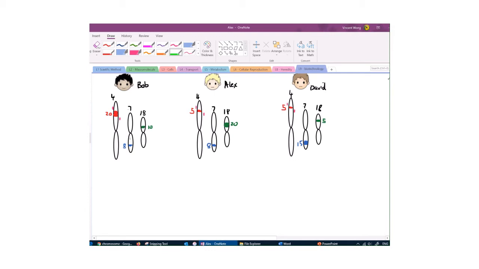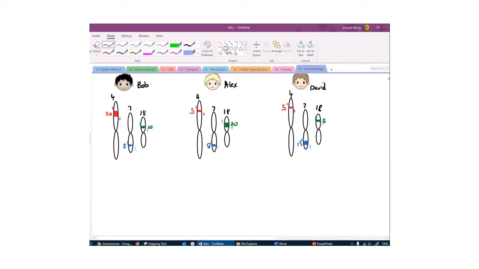Okay, you're going to have primers over here and here for chromosome 18, and you're going to have to design PCR primers for chromosome 7 on this end. Okay, so you're going to end up having a mixture of clones of the red, blue, and green short tandem repeats.